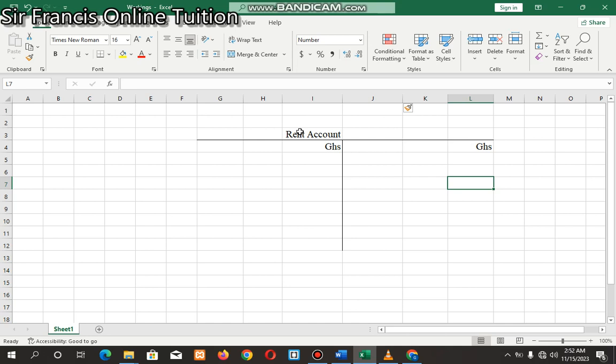The name of the account you are opening will be on top of the T account as shown over here, and have your currency indicated. This side on your left hand side here is the debit side of the account, and your right hand side here is the credit side of that account. So every T account has two sides, debit and credit.